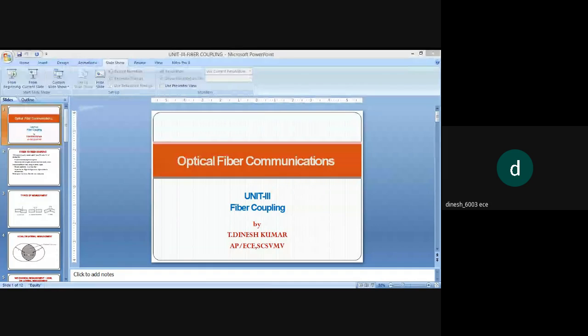Next is separation, which is end separation. Between the transmitting fiber core and the receiving fiber core, there is a gap in between. So S is the separation between fiber one and fiber two, the emitting fiber core and the receiving fiber core.